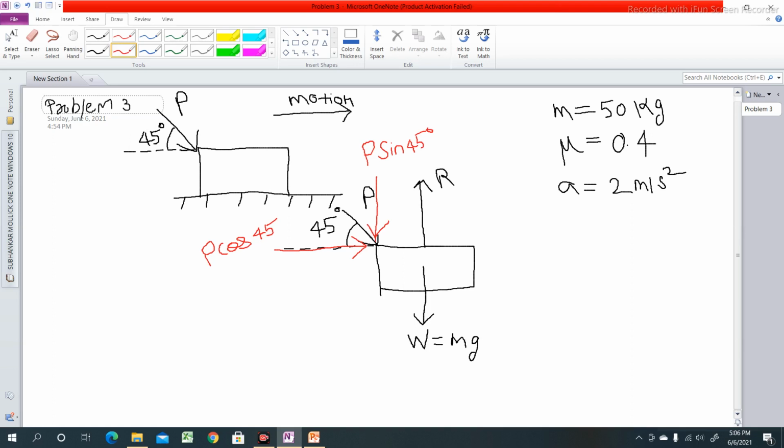Since the block is moving in this direction, frictional force at the point of contact will act in this direction, and its magnitude will be how much? Frictional force F, its magnitude will be mu, that is coefficient of friction present between the block and the horizontal plane surface, and the normal reaction which the horizontal plane surface is giving to this block, that is R. So this is the magnitude of frictional force, mu into R.